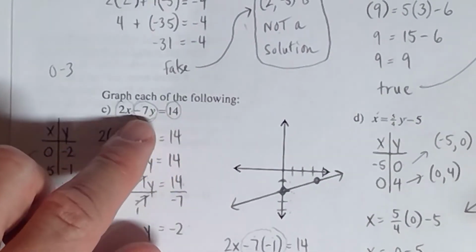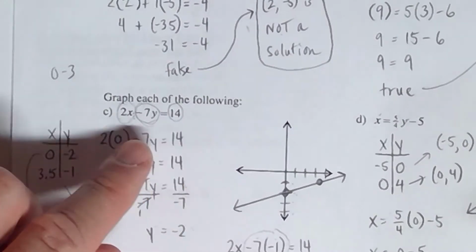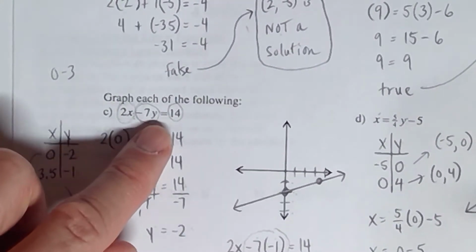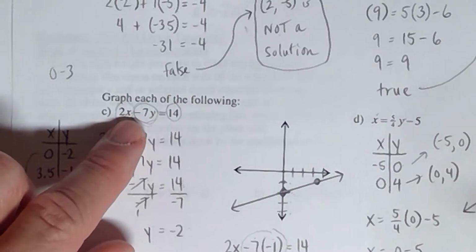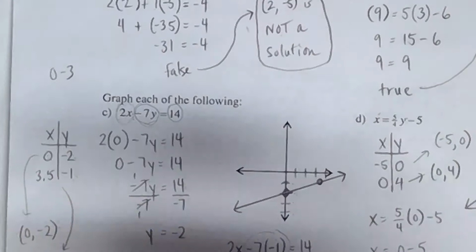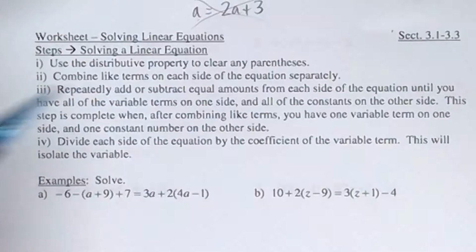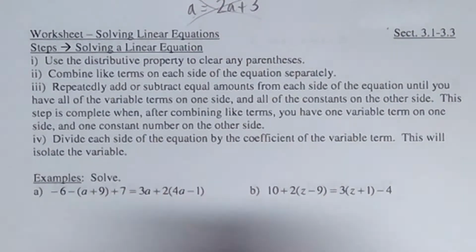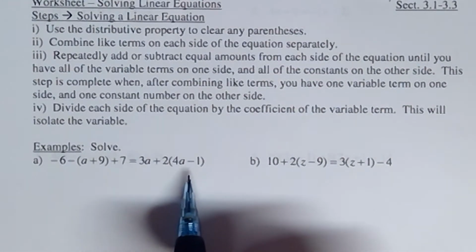It'll only be one variable instead of two, but you'll still have a polynomial on both sides, and the variables will not have any visible exponents. In other words, it'll be x to the first power or y to the first power. You won't have x to the second or x to the third. All of the variables, even after you clear out the parentheses, will be to the first power.